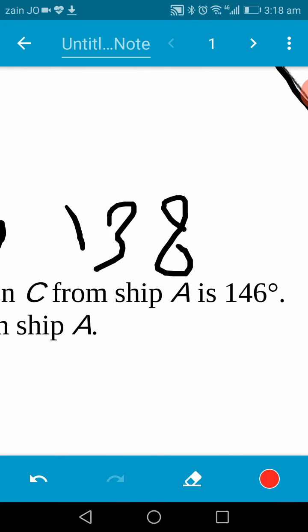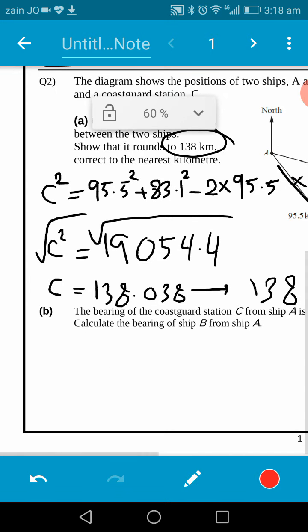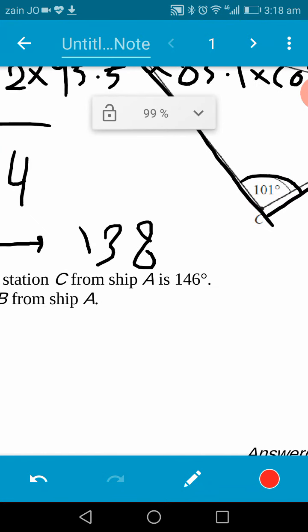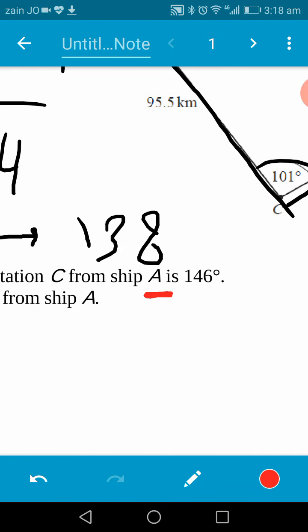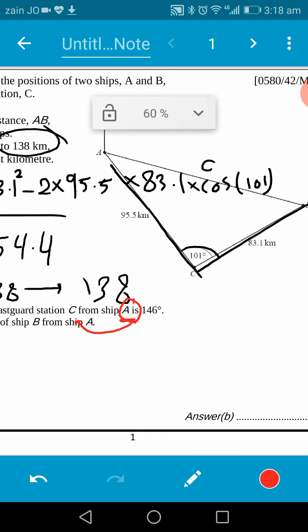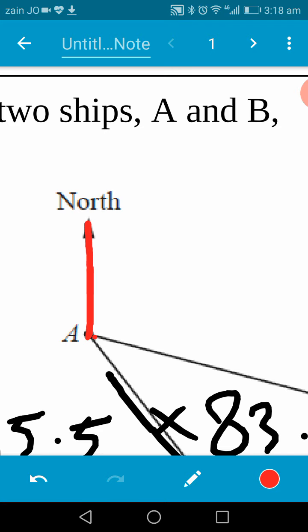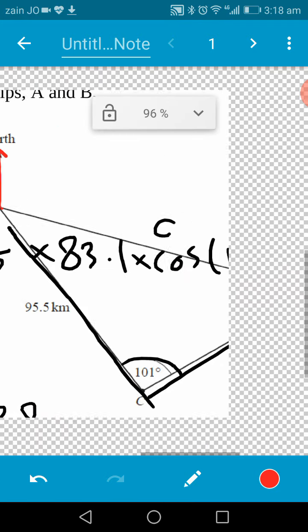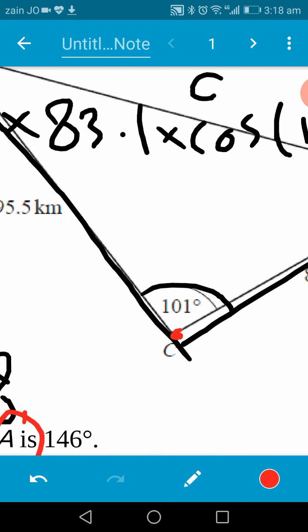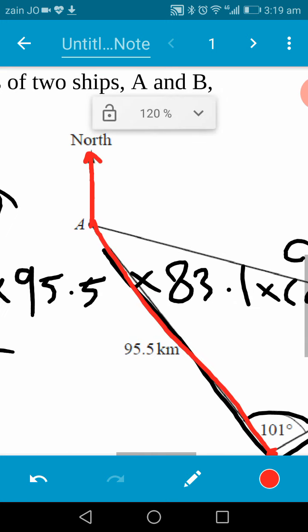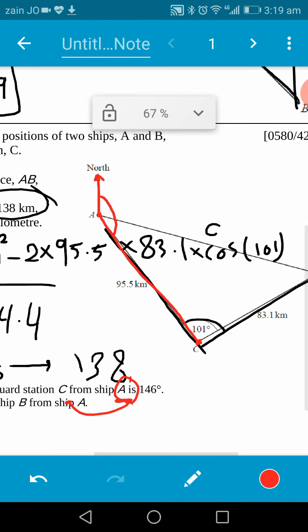Determine the starting point so you can solve. Now it says find the bearing of station C from ship A is 146. The angle at A, which is the starting point, taking the north from A to C is 146. So A is the starting point, and the north is already drawn for you. This north goes to where? To C. Where is C? Here is C. The line between C and A is already joined, and we need this angle, teacher. We need to find this angle.